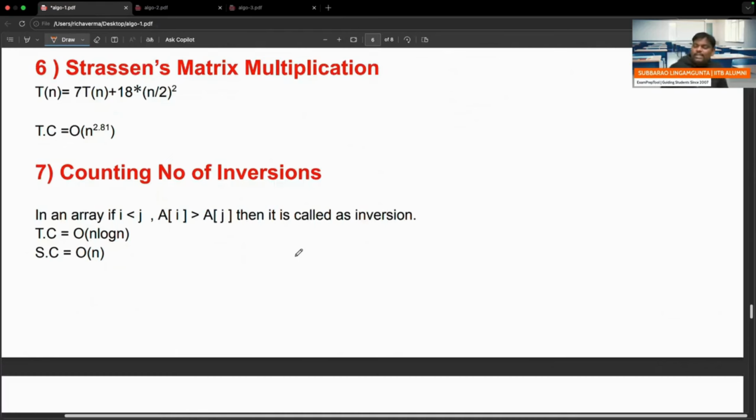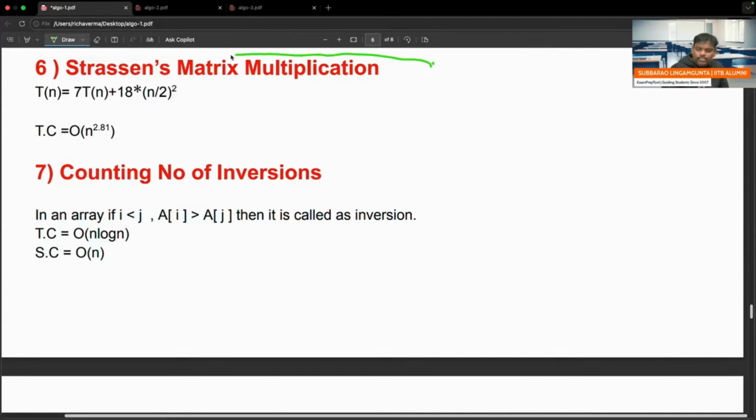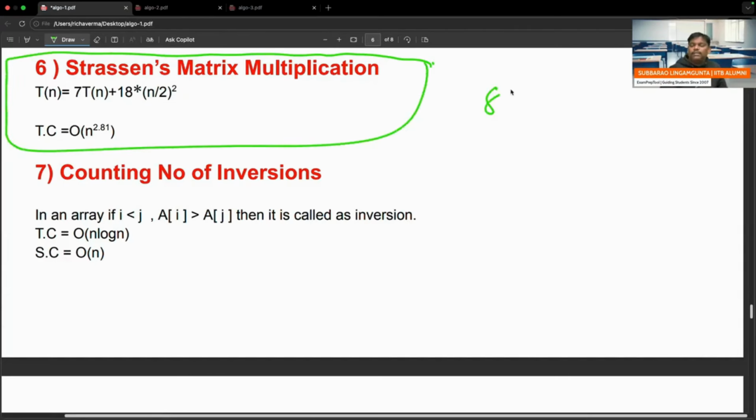Next one, Strassen's matrix multiplication, more is not required. Just remember only this. I think the recurrence relation for matrix multiplication using divide and conquer is 8T(n/2) plus n square.